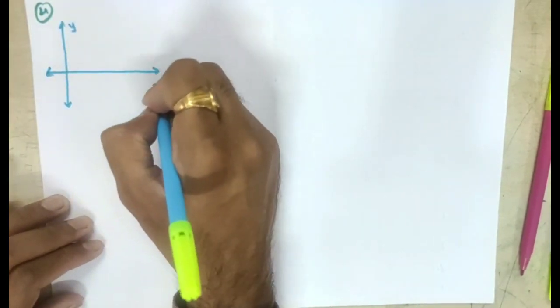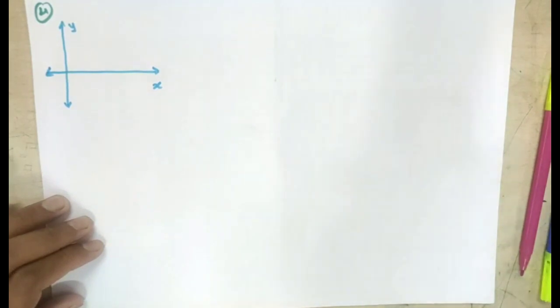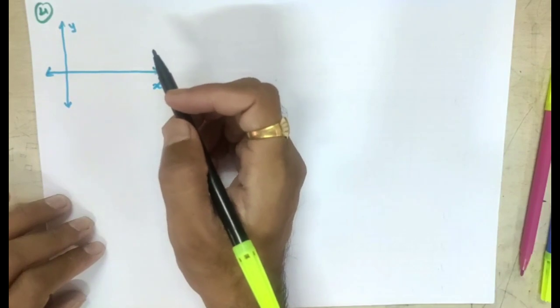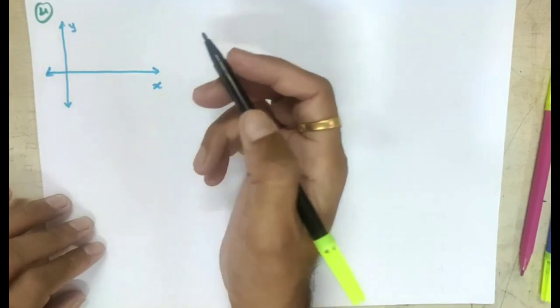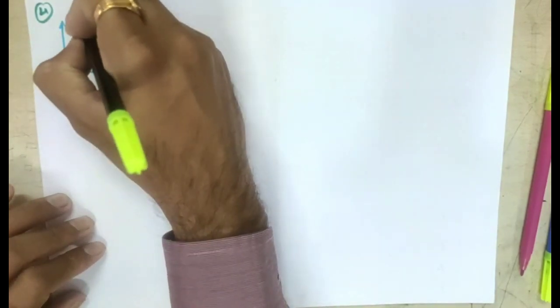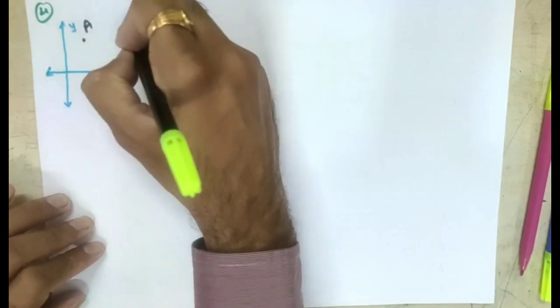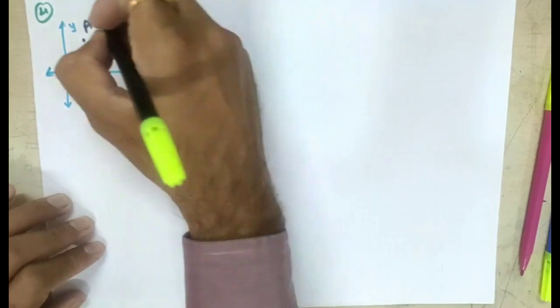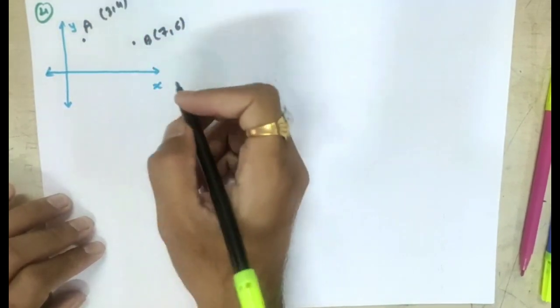This is the y-axis, this is the x-axis. Find the point on the x-axis which is equidistant from the points 7, 6 and 3, 4. So let's say the 2 points are A and B. This will be 7, 6 and this will be our 3, 4.